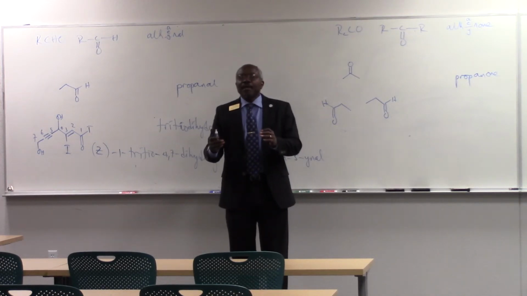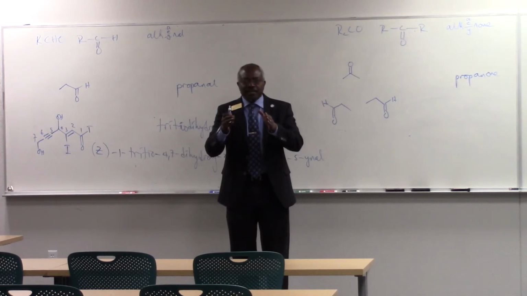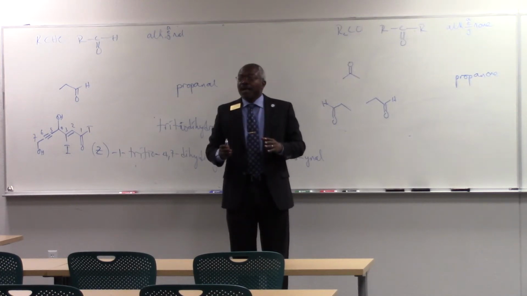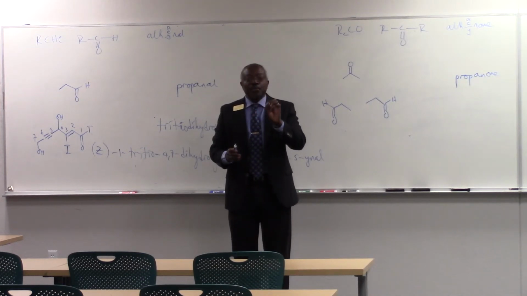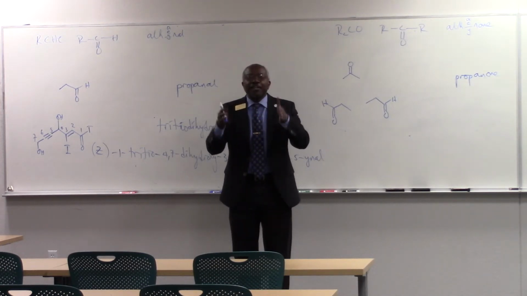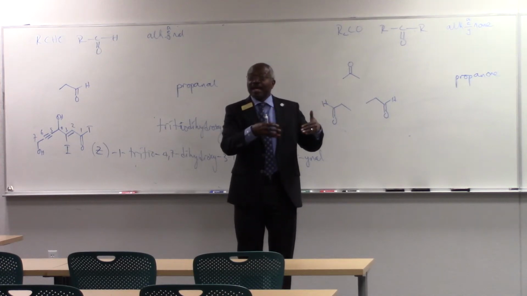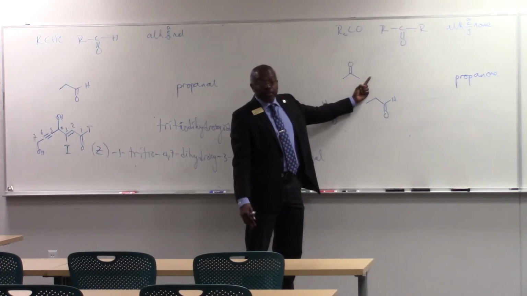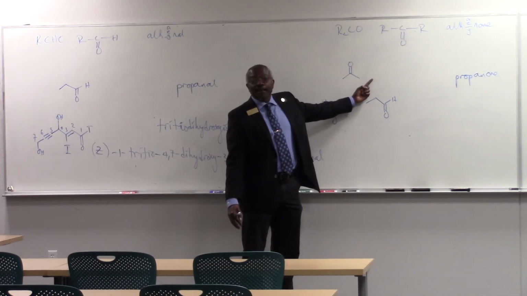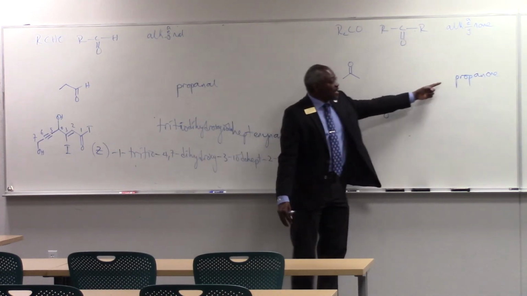So if a 3-carbon species with a carbonyl has the carbonyl on carbon number 2, that is the only version of the ketone that we can have. Because any other position, there's only one other position, is no longer a ketone, it's an aldehyde. So that's just propanone.